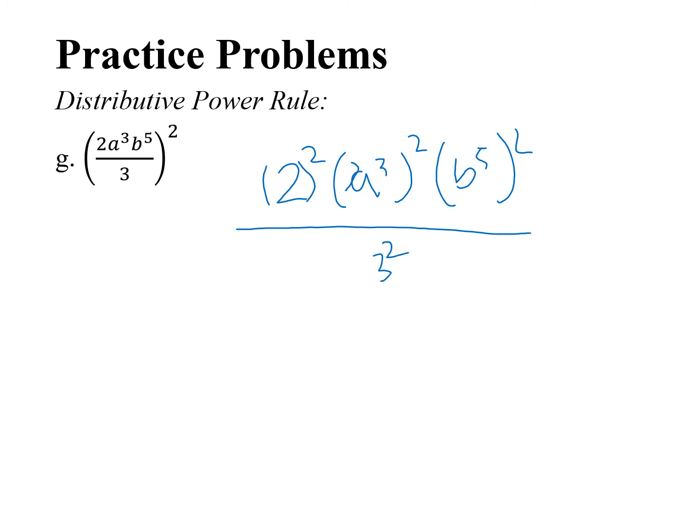If I simplify each piece, 2 squared gives me 4. A to the 3rd squared is a to the 3 times 2, so a to the power of 6. B to the 5th squared is b to the 5 times 2, which is b to the 10th, all over 3 squared, which is 9.